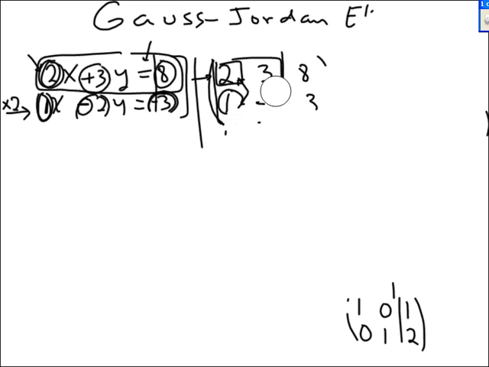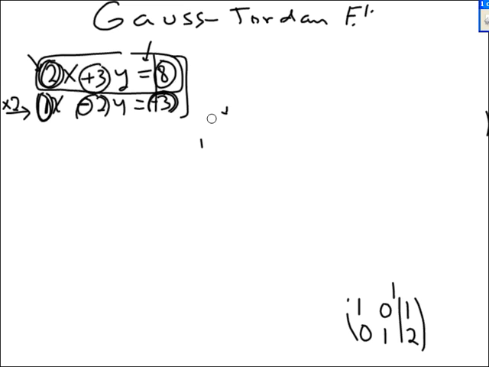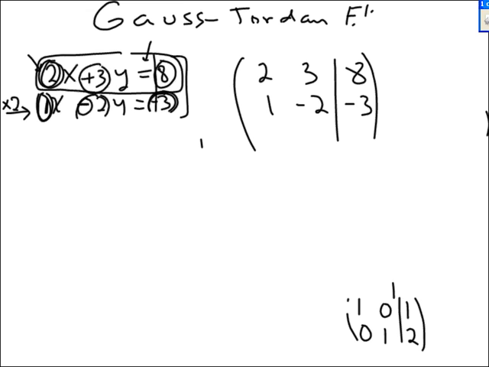Actually, let me erase this and put it back. The matrix that we had over here a few minutes ago was 2, 3, 8, 1, negative 2, negative 3. Well, let me write this down more neatly. I wrote on it a lot.